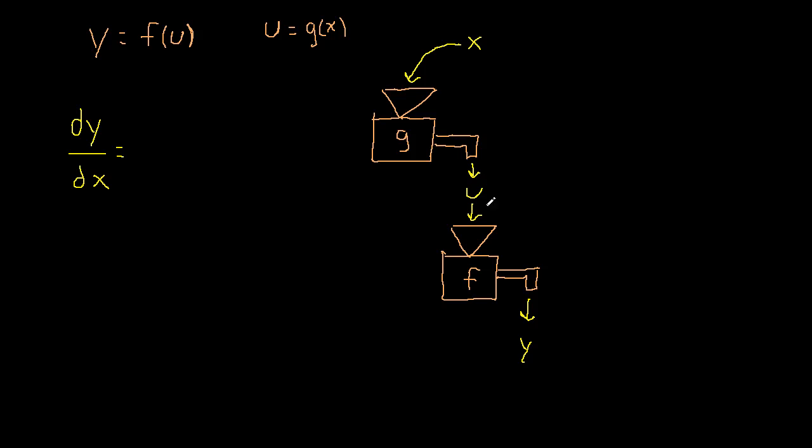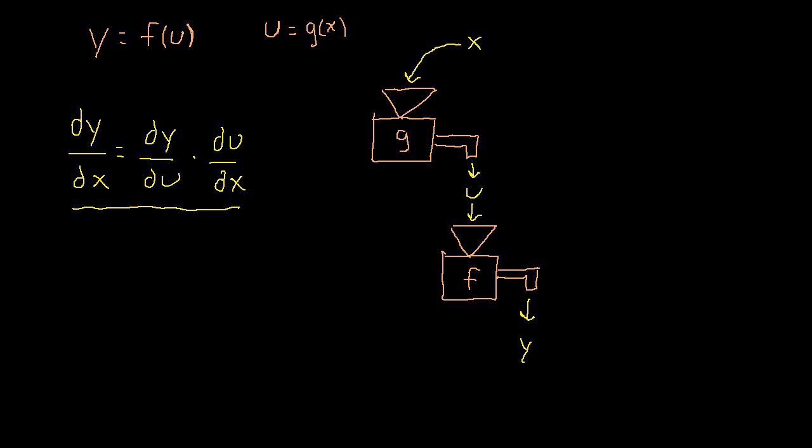Well, u is going to change with respect to x. So y changes with respect to u, which changes with respect to x. We multiply those two rates of change together and we get dy du multiplied by du dx. So this right here is one form of your chain rule.